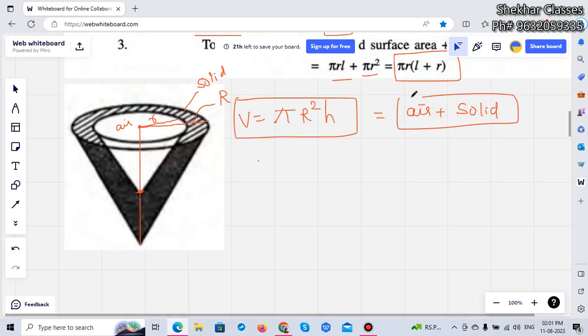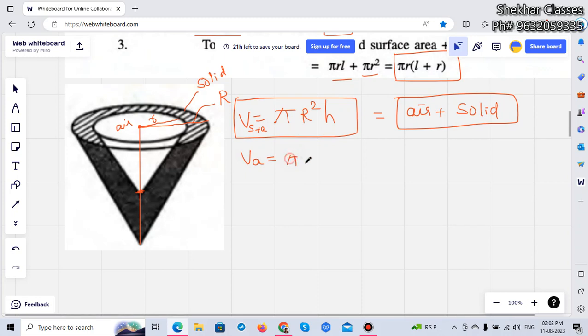Got it? Now if I subtract the volume of air from the volume of air and solid, will I not get the volume of solid in it? So how to find the volume of air in it? This is solid here and air. Now the volume of air, how do you find it?